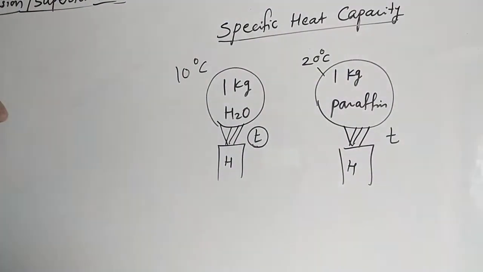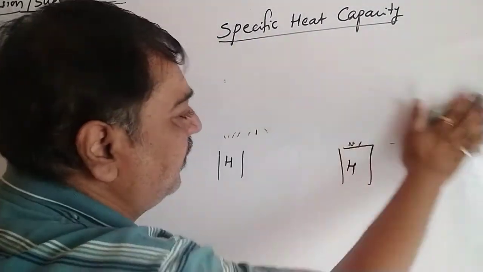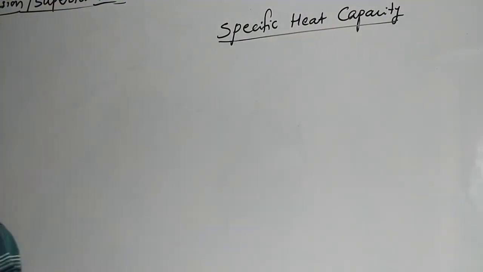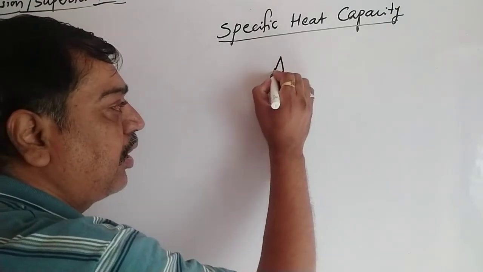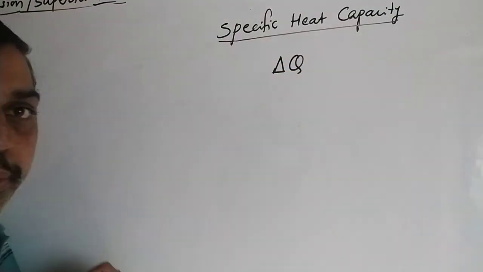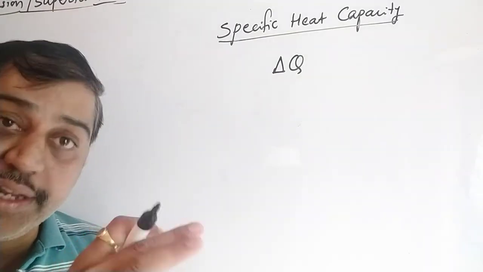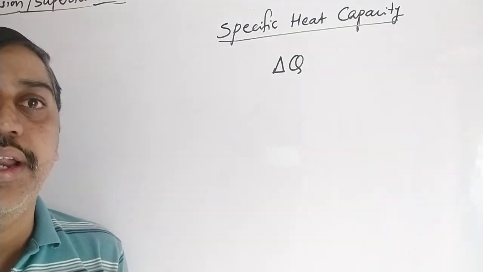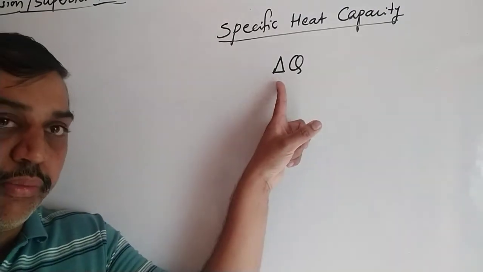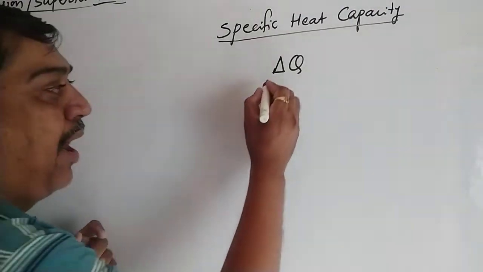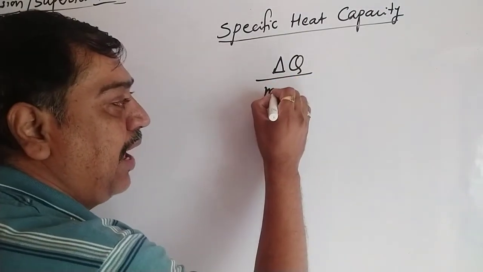Now let's learn in detail the specific heat capacity of solids and liquids. In this, delta Q is the amount of heat supplied to or extracted from a material. The material has a mass m.